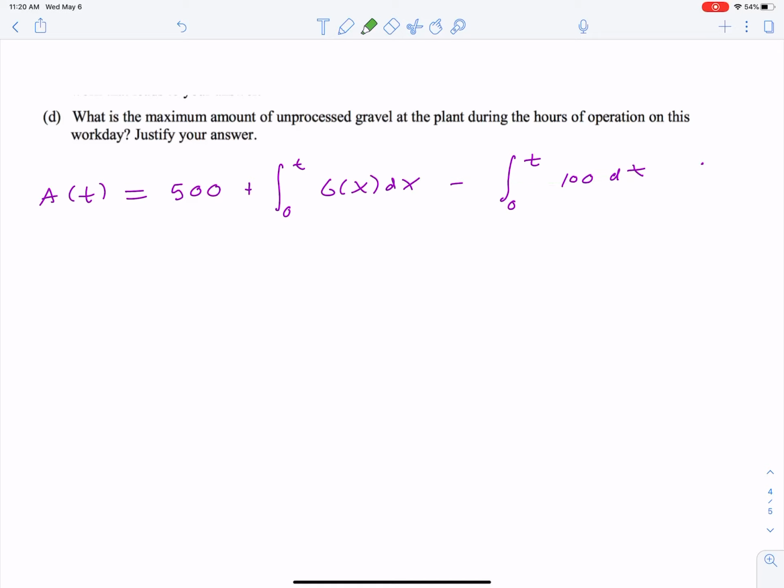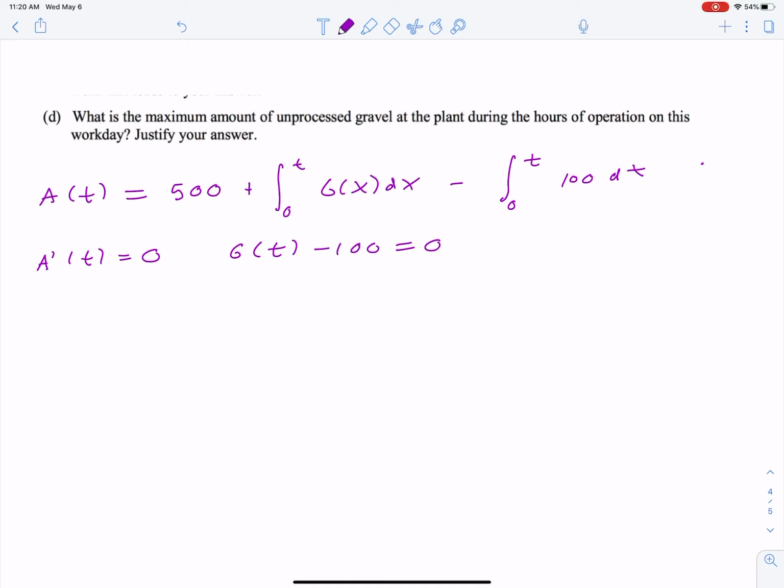So what I want to do is take the derivative in order to find critical values. First off, when does A prime of T equal 0? That equals 0, I think you would agree, when, if I take the derivative of the first one, G of T minus 100 equals 0.